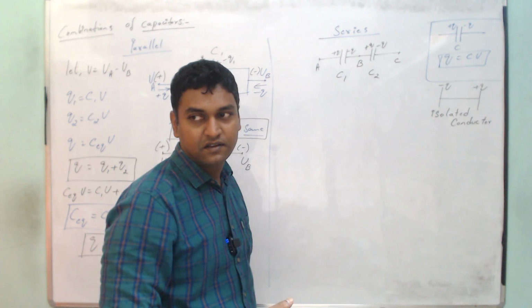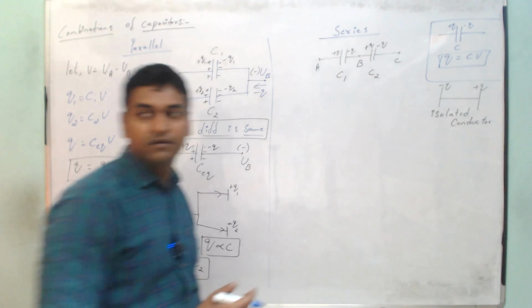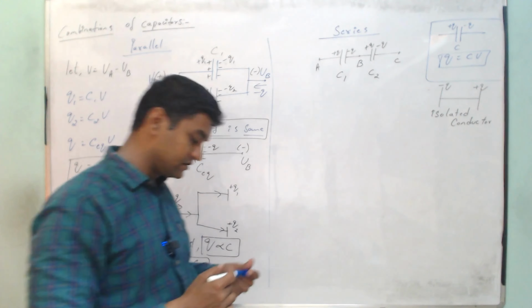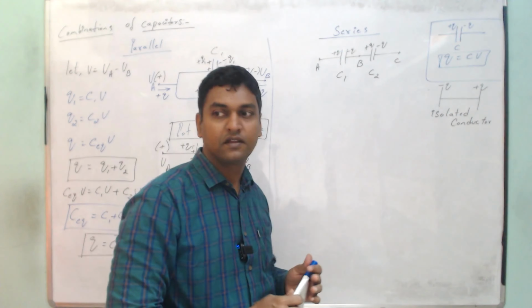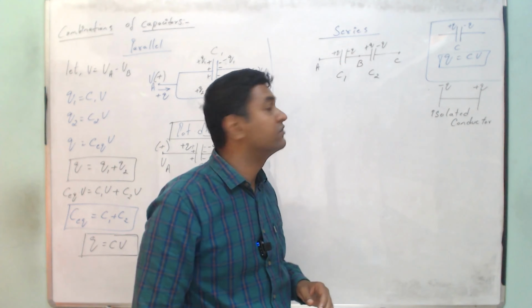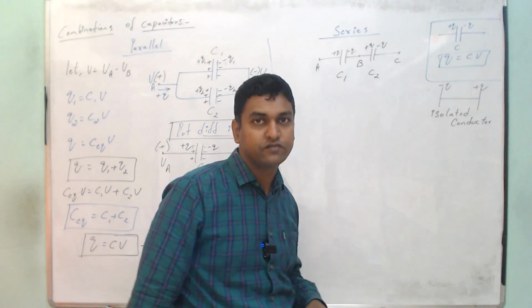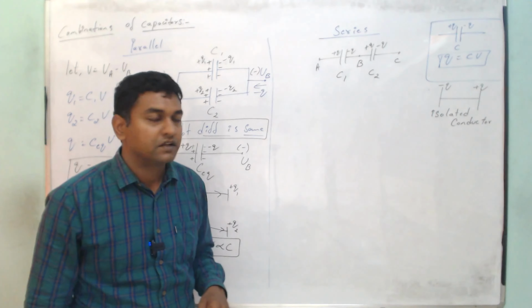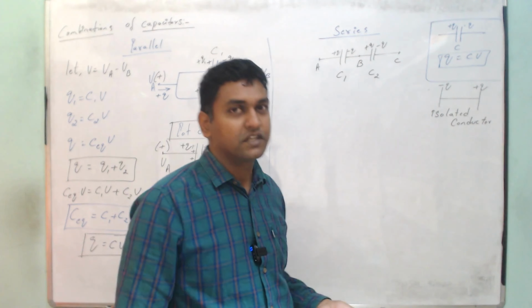There's no electric field in between of. In between of what? In between of C1, sir. In between of C1 means in between the plates of the capacitor. Yes, sir. That's exactly what I was saying.